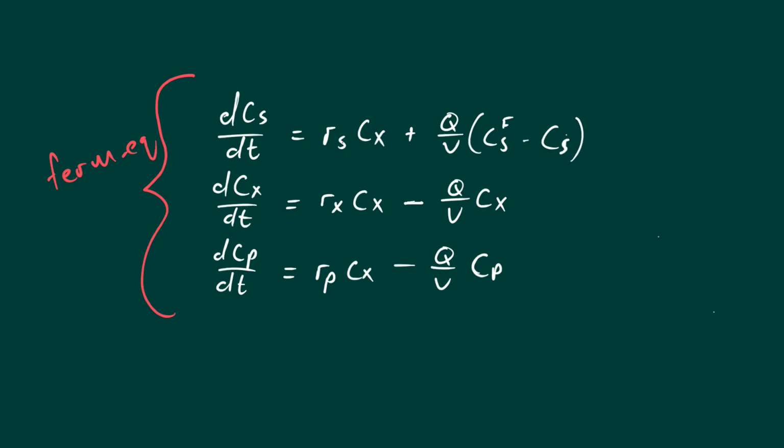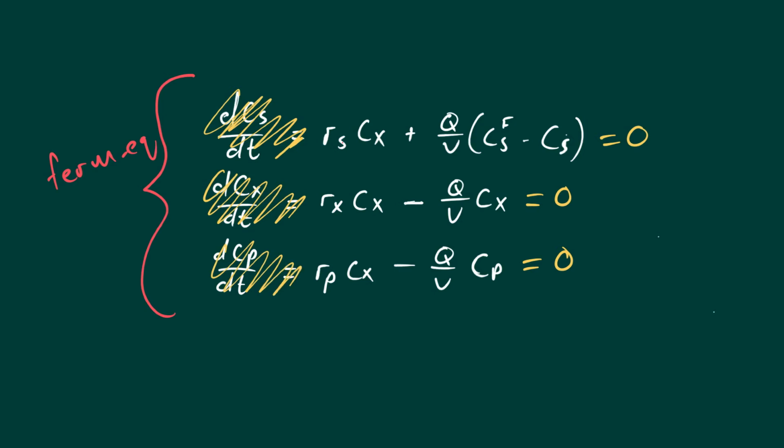But what we're now saying is that the differential terms become equal to 0. So if the differential terms become equal to 0 at steady state, effectively the differential parts of the equations fall away. And now we have a slightly different equation to what we had before, an algebraic equation that doesn't contain any differential terms.